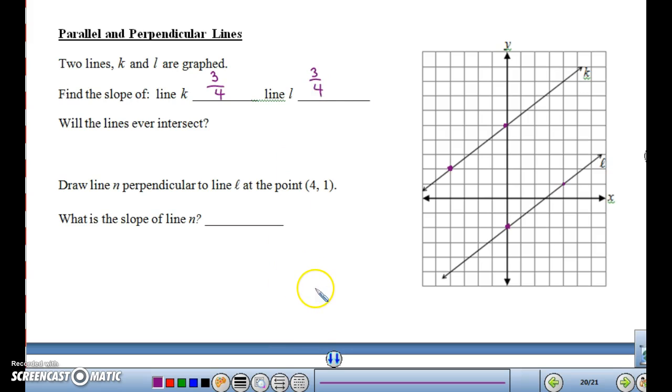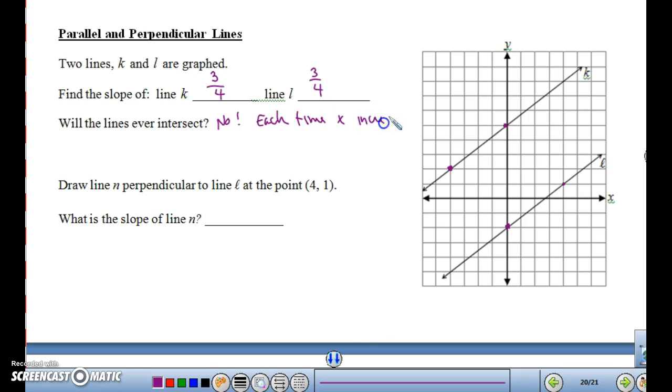Now, based on what we know about slope, will the lines ever intersect? Think about this for a second. I have these two lines. They both have a slope of 3/4. So will they ever intersect? No, they won't. The reason for that is each time x increases by 1, what's going to happen to y?